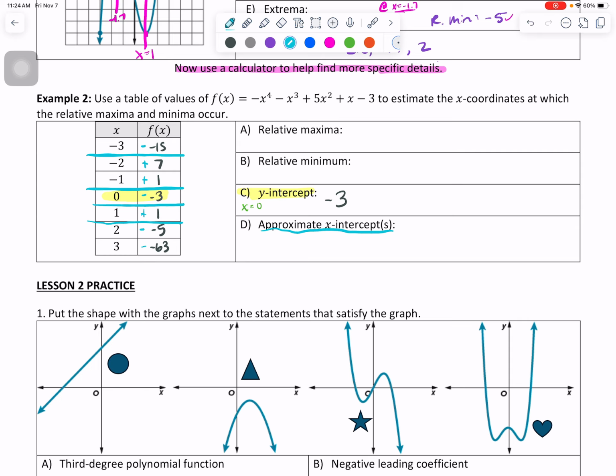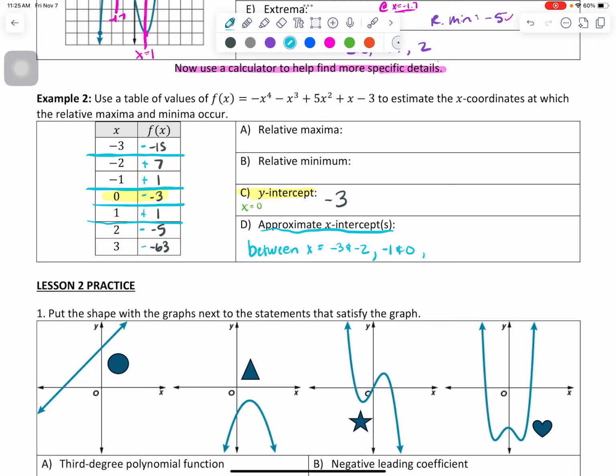So everywhere I drew a line, we will have an x-intercept somewhere. So I just write, okay, because we're just estimating the x-coordinates, so between, for all of these, we're going to have x equaling, okay, so the first one would be between -3 and -2. And then the second line down was between -1 and 0.